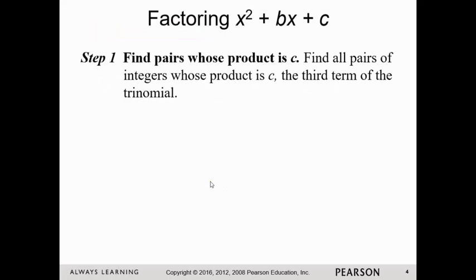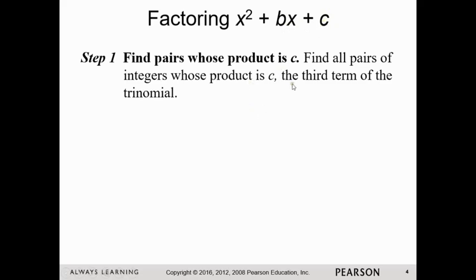So step 1, look at the top here. Here is the standard form of a quadratic, and this polynomial is a quadratic. Notice we've got variables, in front of the x is b, and then the last term is c.